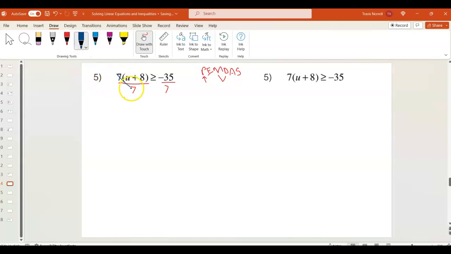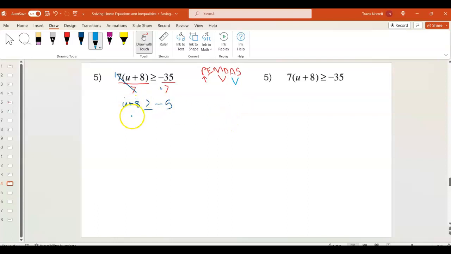7 will go into 7 one whole time, and 1 times u plus 8 is just u plus 8. Is greater than or equal to, a negative divided by a positive is a negative. 7 goes into 35 5 times. Now I can deal with what's being added by subtracting the exact same thing.